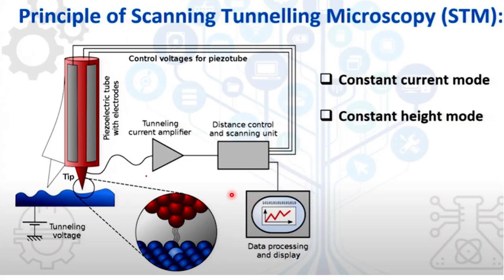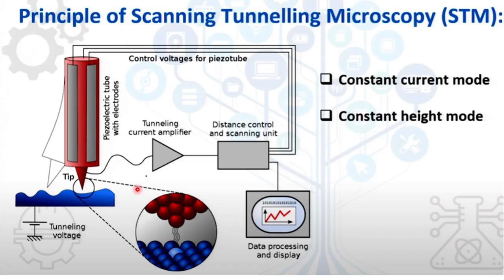So what actually happens? There are two different modes: one is the constant current mode and the other is the constant height mode. What does that mean? Constant height means the height from the probe to the surface always remains the same.